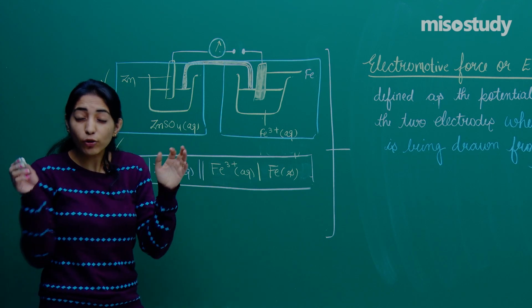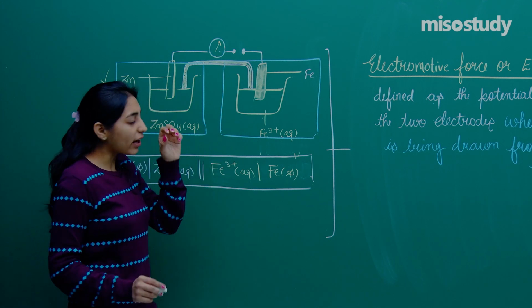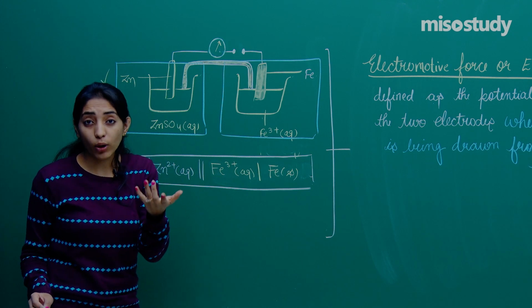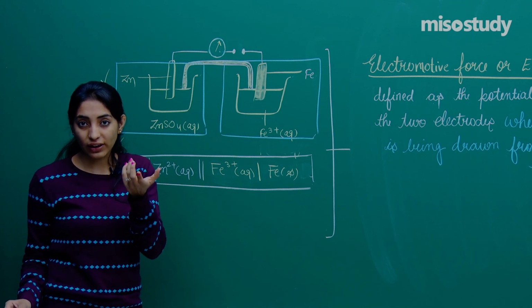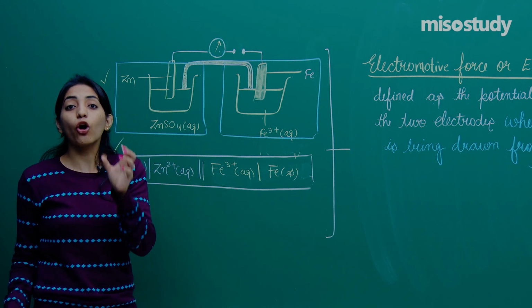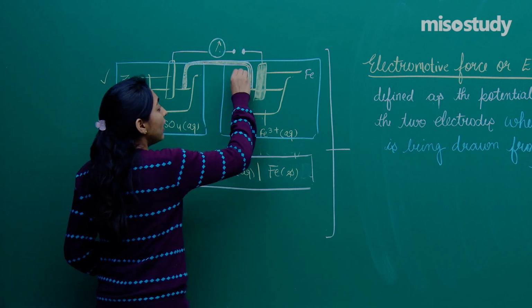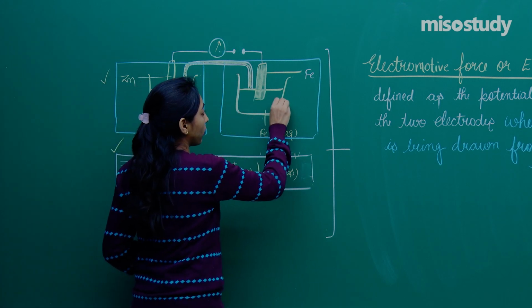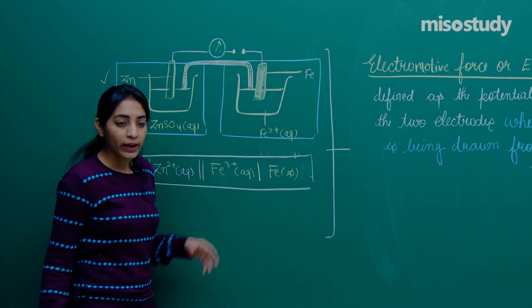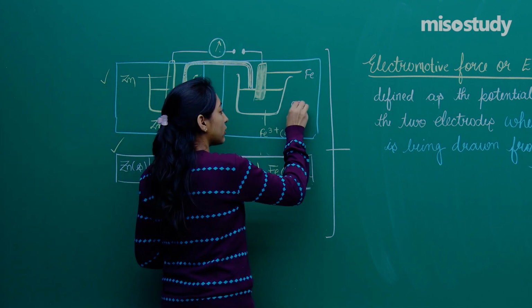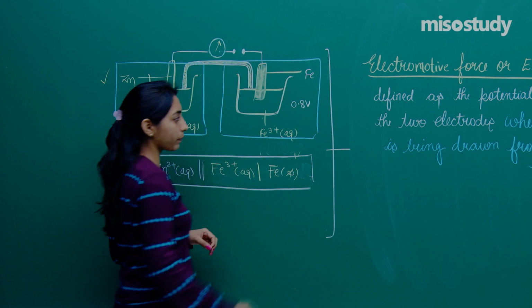I told you, right, the "kuch hota hai" story that we did. That means something will happen. And what was that something? There was this potential difference, right? There was this electrode potential in the right hand side compartment. Let us say there was a potential difference of 0.8 volt.